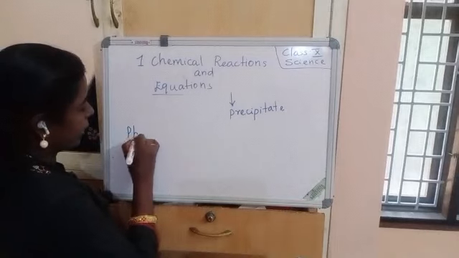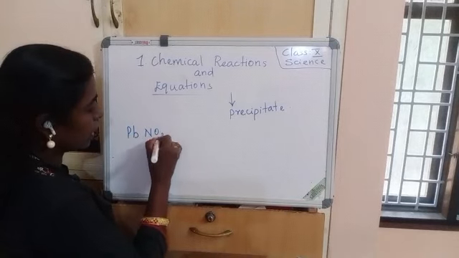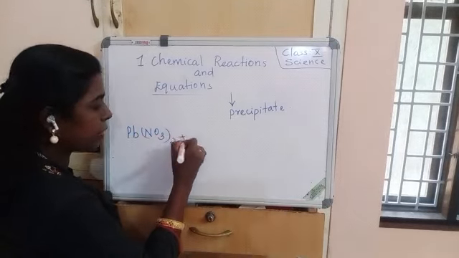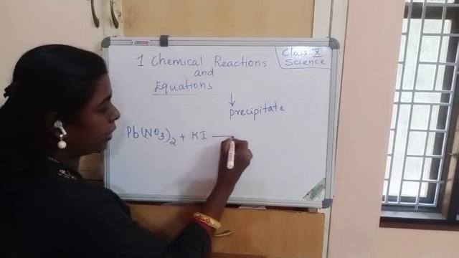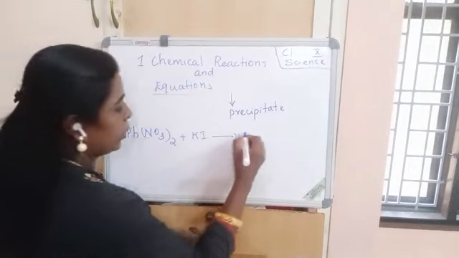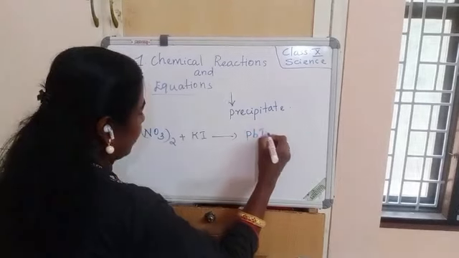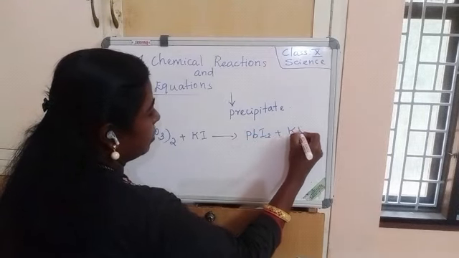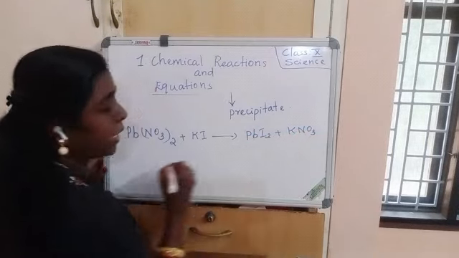Lead nitrate reacts with potassium iodide to form lead iodide and potassium nitrate. Here, what are the reactants?